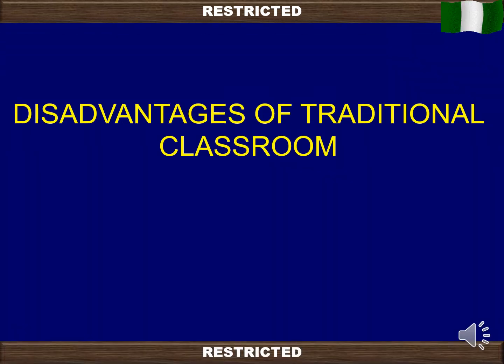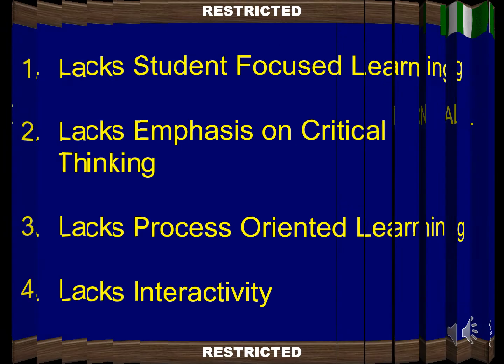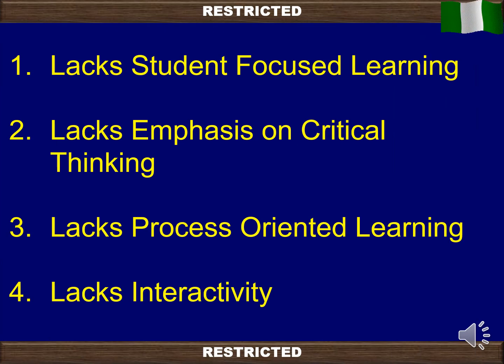This will now take us to disadvantages of traditional classroom setting. One of the disadvantages is lack of student focus. Students are always distracted in traditional classroom setting in one way or the other. The next one is lack of emphasis on critical thinking.